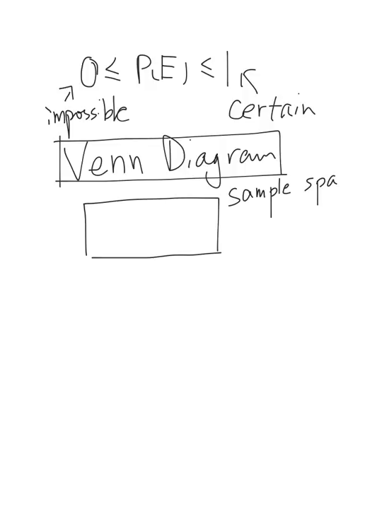In the sample space, we can have multiple events. Let's say we have 2 events right here. Normally we represent them by circles. Let's say this is A, and the other one is B. You can see that there is an overlapping region right here. That means that A and B can occur at the same time.